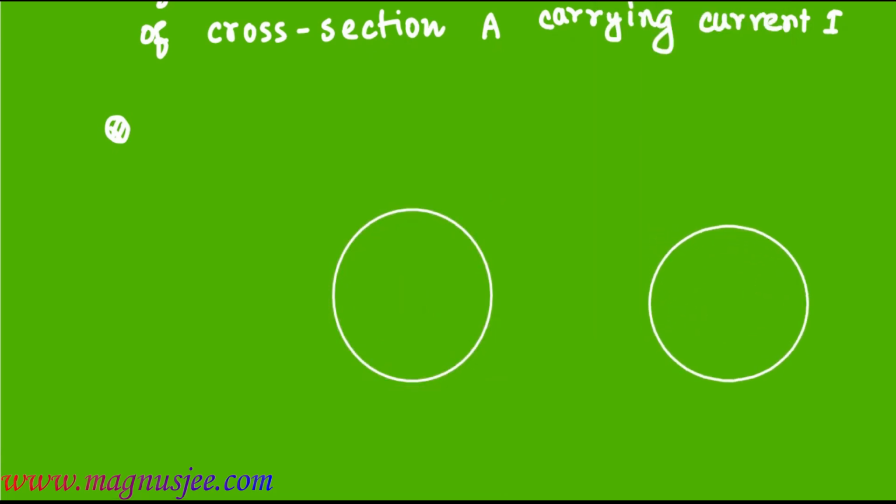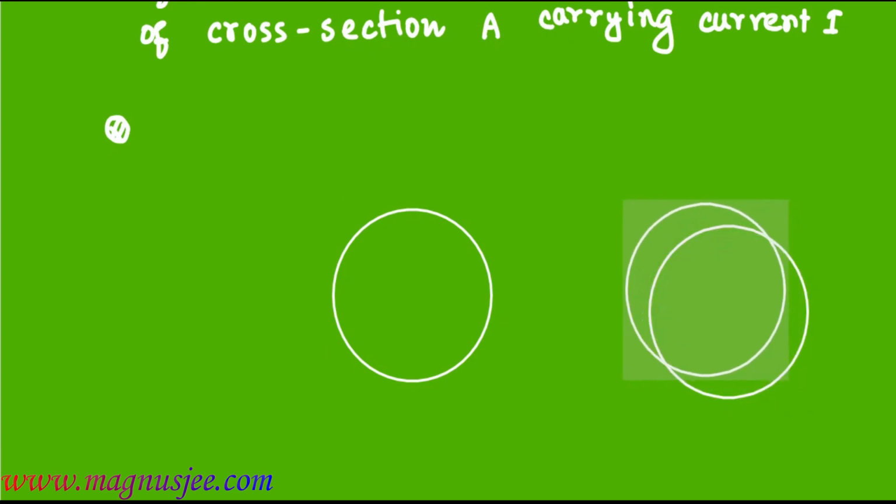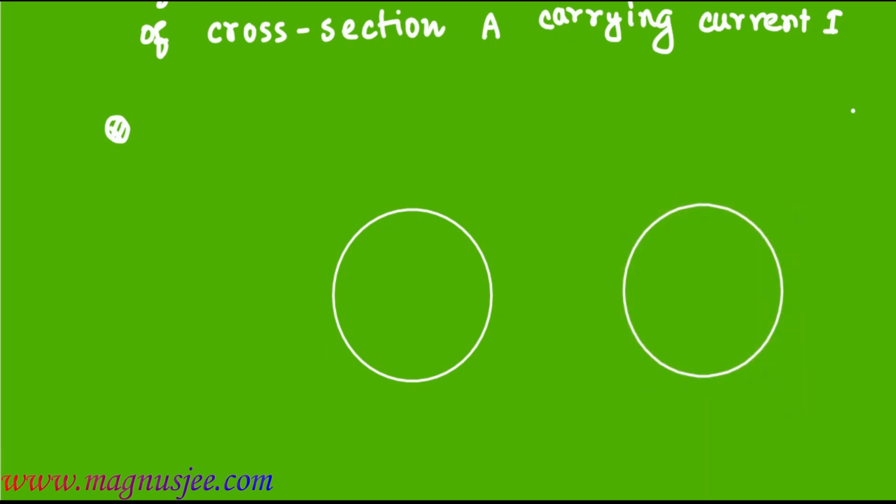Now we can explain why a current loop behaves as a magnetic dipole. The same coil is drawn here, a circular coil through which current flows in the clockwise direction.